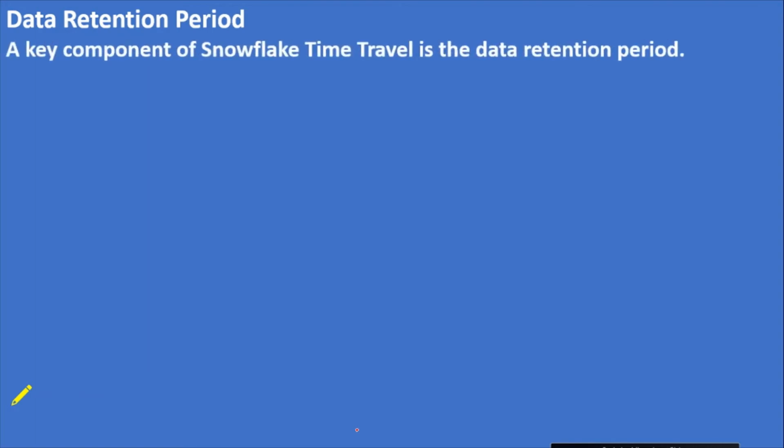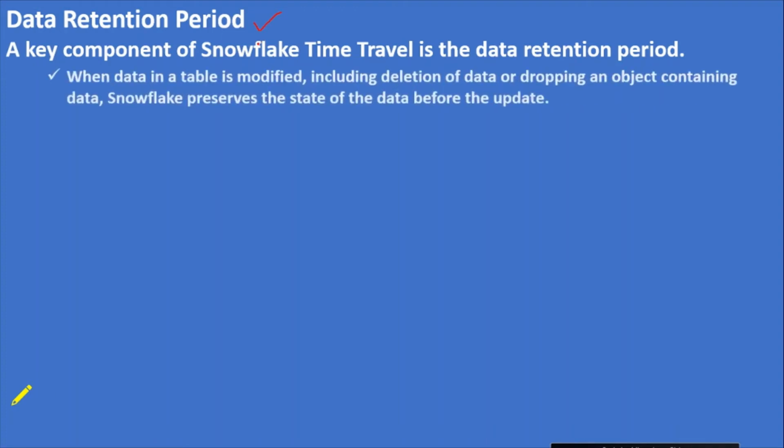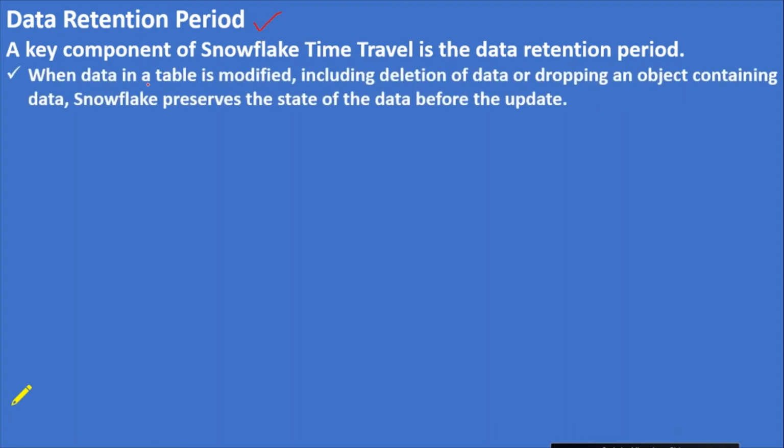Now we will talk about the data retention period. This is a very important, key component of Snowflake time travel. When data in a table is modified, including deletion of data or dropping an object containing the data, Snowflake preserves the state of the data before the update.